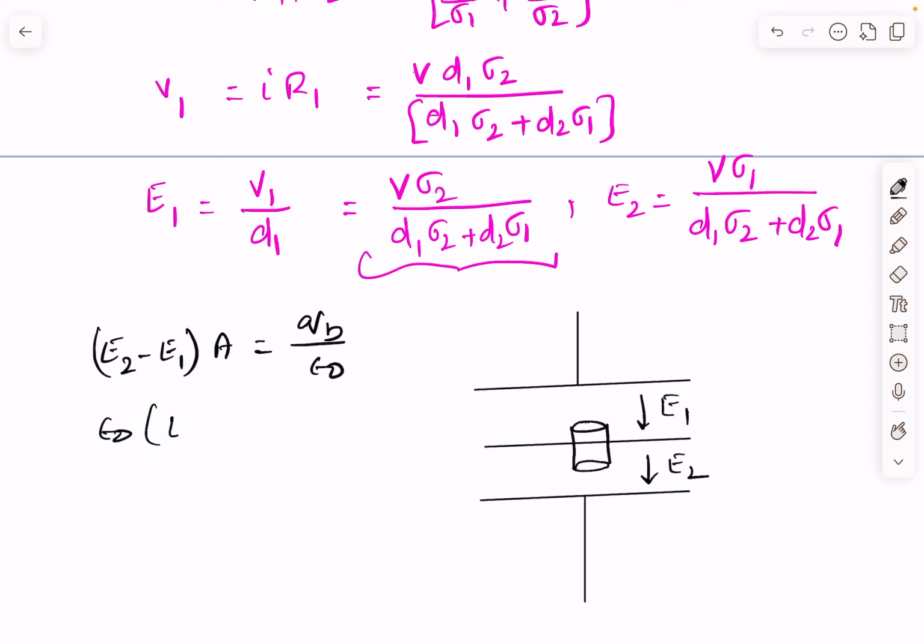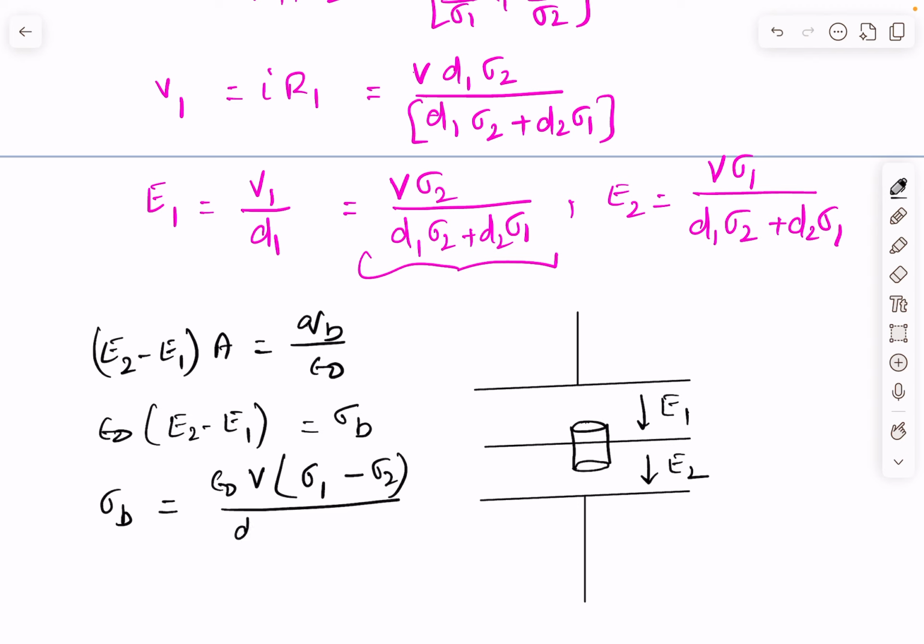So epsilon naught into E2 minus E1 gives us sigma near the boundary. And if we put the values of E1 and E2 that we have got earlier, then we will get sigma boundary as epsilon naught V into sigma 1 minus sigma 2 divided by D1 sigma 2 plus D2 sigma 1.